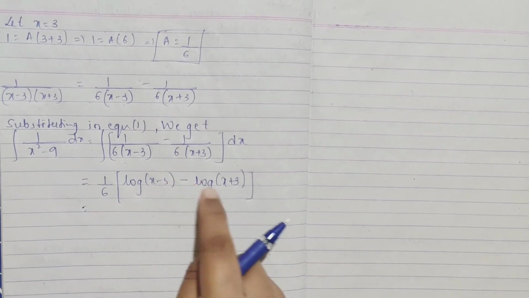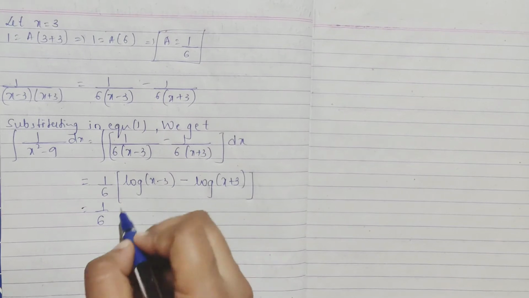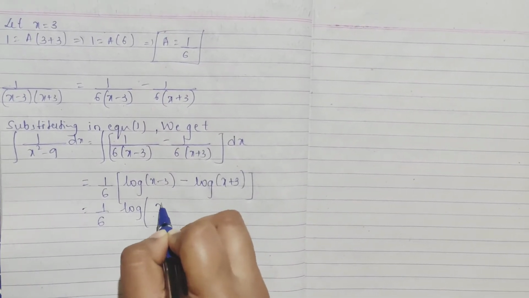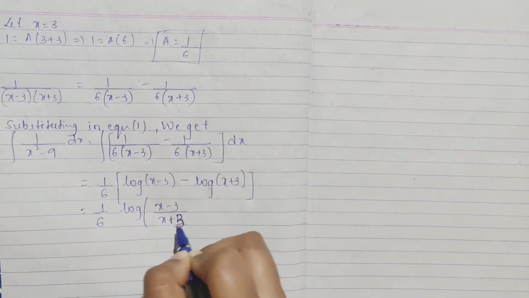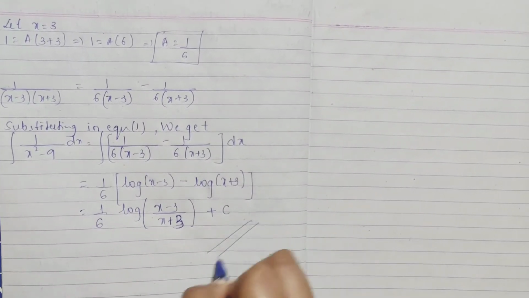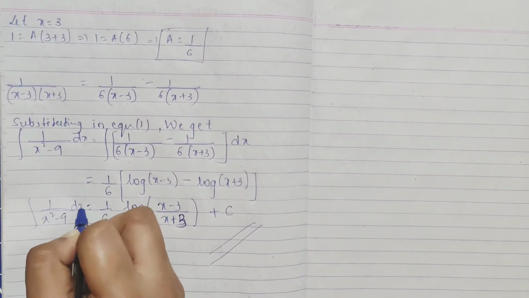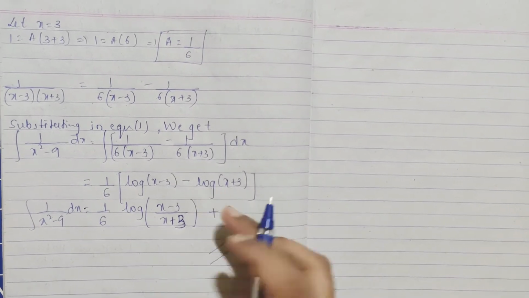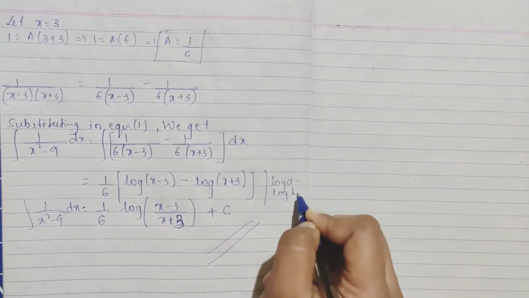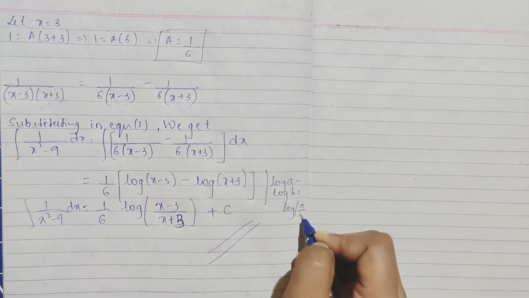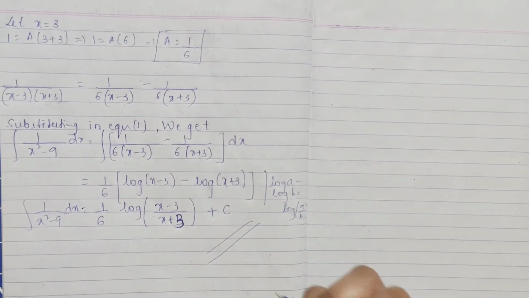Now you can apply here your log property, that is log a minus log b is log of a by b, so 1 by 6 log of x minus 3 by x plus 3 plus the integration constant. I hope I am clear on how you have to solve it, right. Here you are using your log property, that is log a minus log b is log a by b. When it is division it comes minus, when it is multiplication it will be plus.